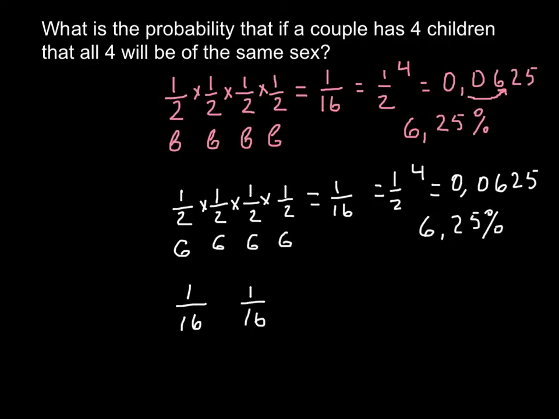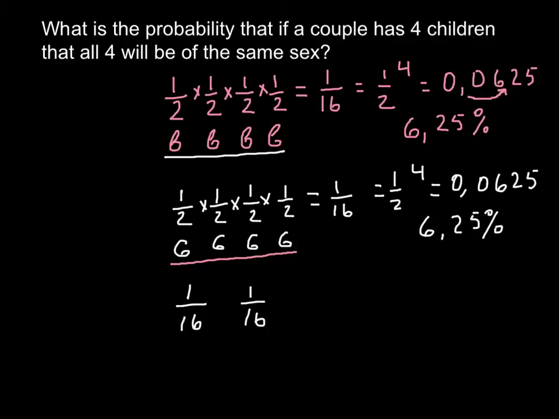These are exclusive probabilities, because when all 4 children are boys, this automatically excludes the result when all 4 children are girls, right? And on the other hand, if all 4 children are girls, this automatically excludes the possibility of all 4 children being boys. So it's whether one or the other.